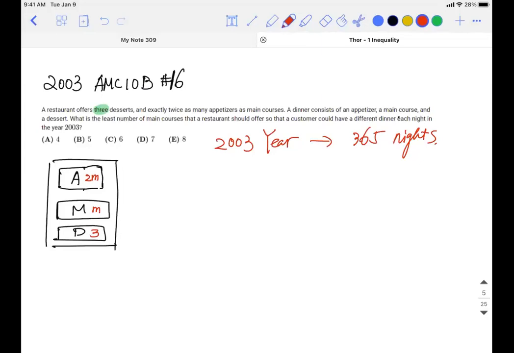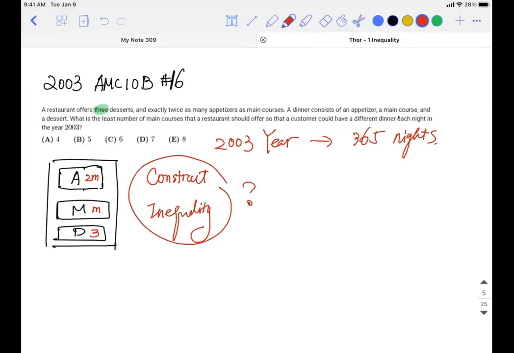So again, the most important thing is how can you construct the inequality first? How can I create the inequality for such a problem? I think this one is more conspicuous than the previous one, right?